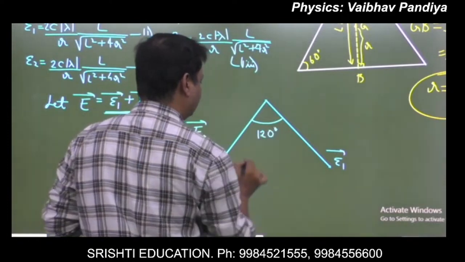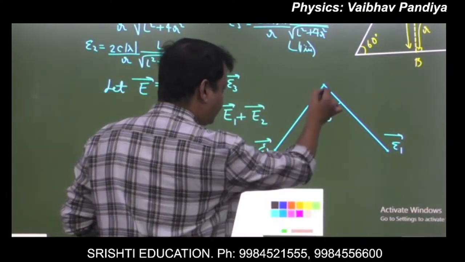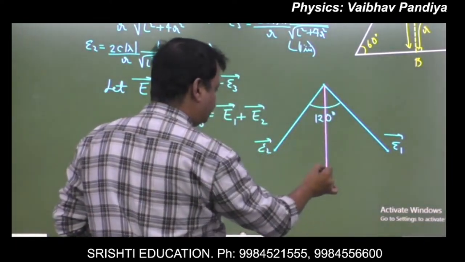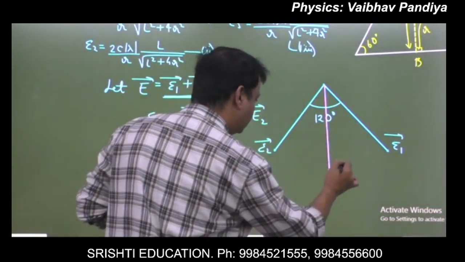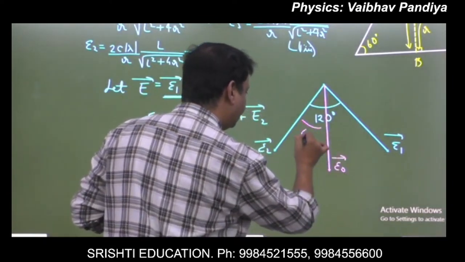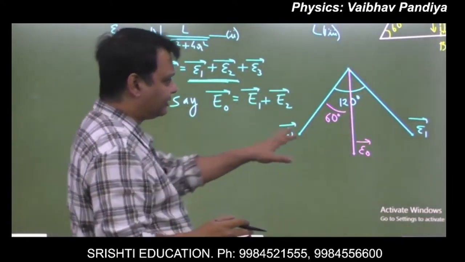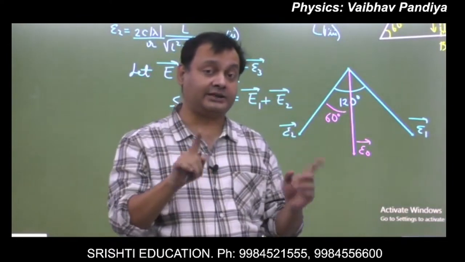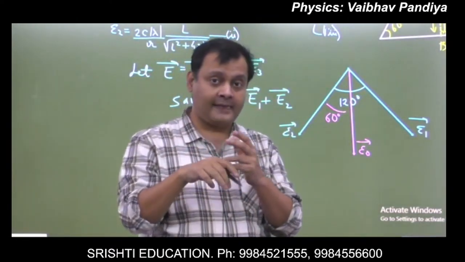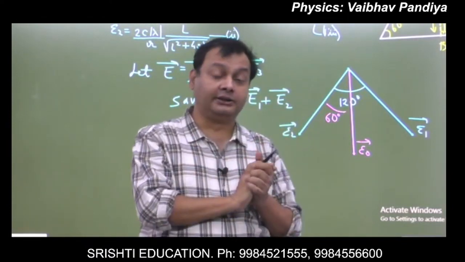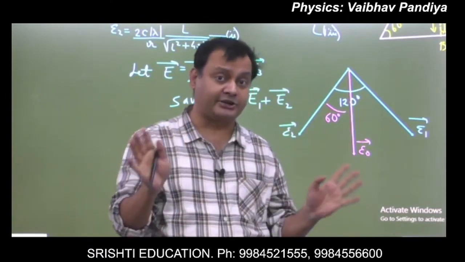Both vectors have the same magnitude, so their resultant will be the angular bisector like this, which we have given the name E0, and this angle will be 60 degree. And we know the basic in vectors, if two vectors are of same magnitude and the angle is 120 degree, the resultant is also of same magnitude. If one is of magnitude A, another is of magnitude A, and the angle is 120 degree, then the resultant will also be of magnitude A.